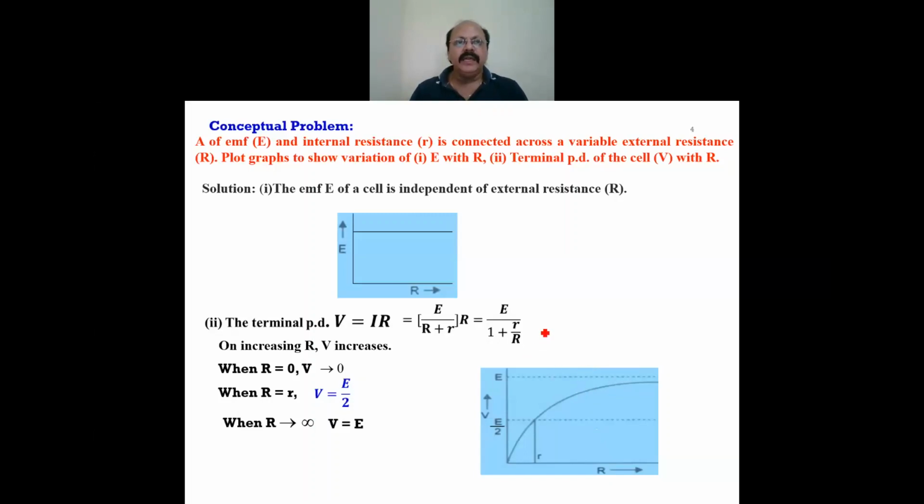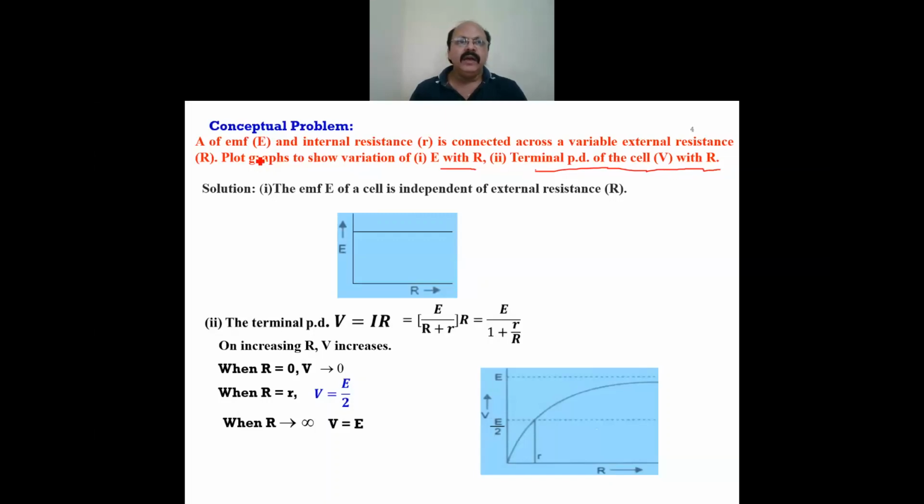Here we are saying that a cell of EMF E and internal resistance r is connected across a variable external resistance capital R. Plot graphs to show the variation of EMF with external resistance R, and second part, the terminal potential difference of the cell with external resistance R.